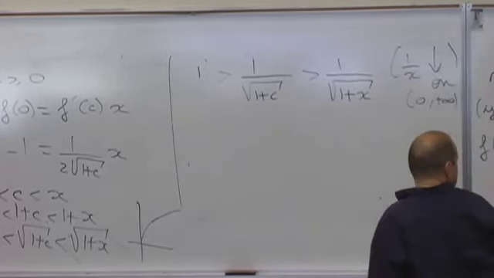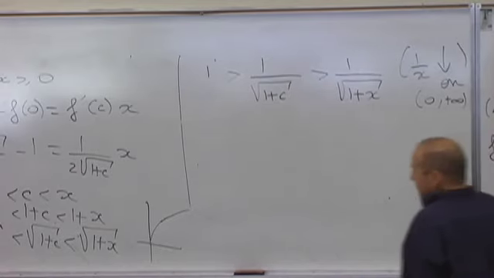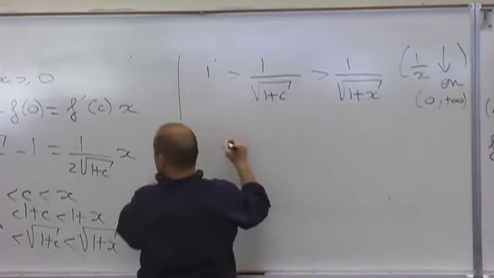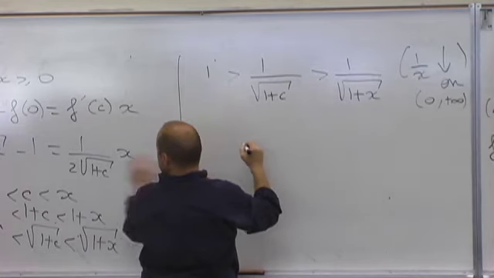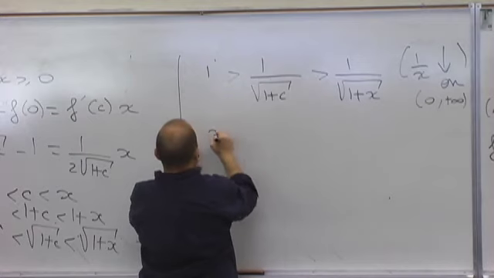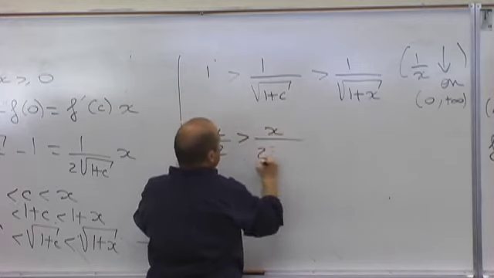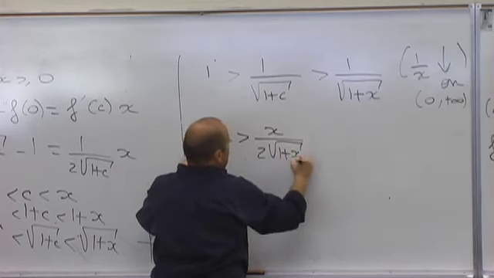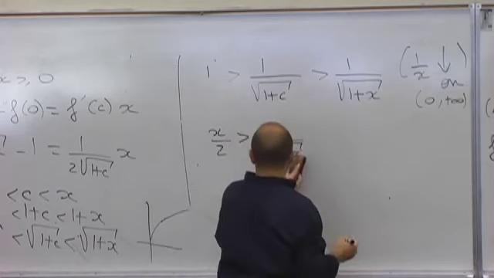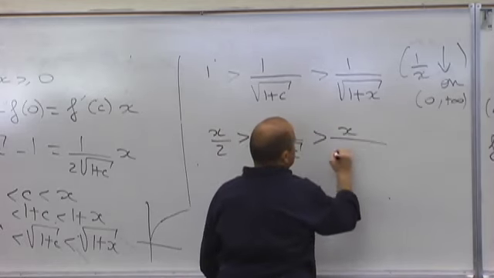So now we can say, what do we want here? We want to multiply this by x over 2 so that we get x over 2 here, x over 2 here, x over 2 here.